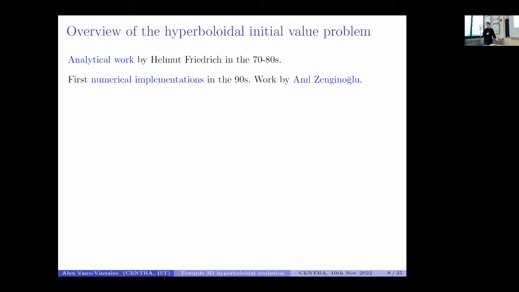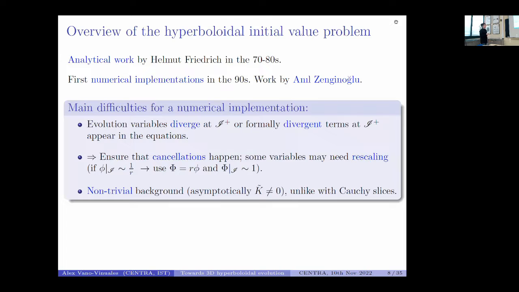So it's now 2022. Why is it taking so long to actually get this to work, which is not really working just yet? The main difficulties, at least from my experience, are that either your evolution variables or your equations are going to be diverging at null infinity, because it's infinitely far away. You can use many tricks, but still you have to deal with it. That's something we need to balance, and it is not a straightforward thing to do.